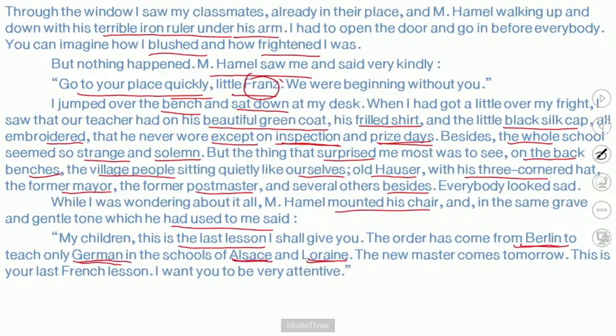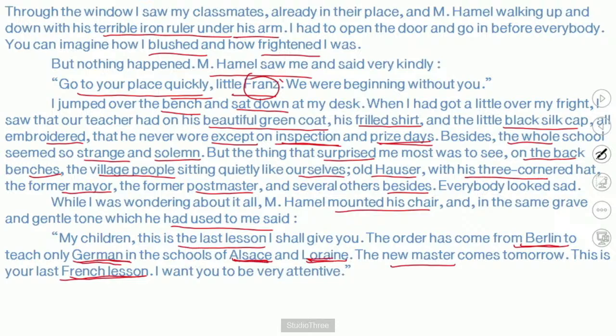And he also informed them that the new master will come tomorrow. This is your last French lesson. Means Mr. Hamel was teaching French to the students and all these villagers in this village, and from tomorrow he will be going to teach German.